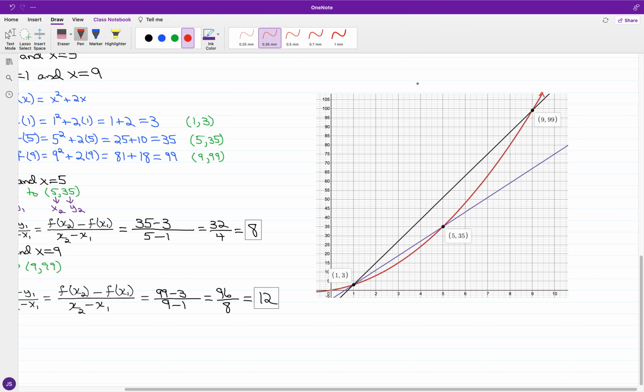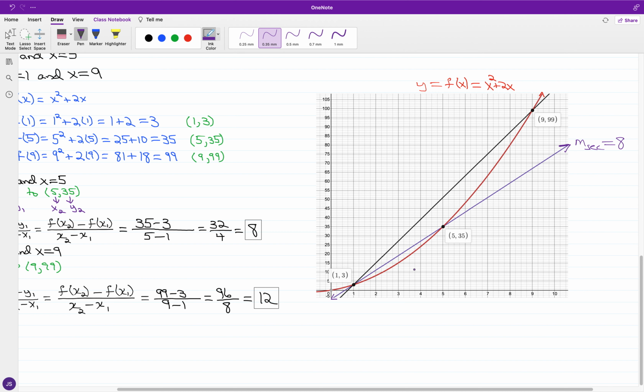Again, y is equal to f of x is equal to x squared plus 2x. And for the secant lines of interest, going from x equals 1 to x equals 5, we're connecting 1, 3 and 5, 35. For this particular secant line that goes through these two points, the slope is equal to 8.